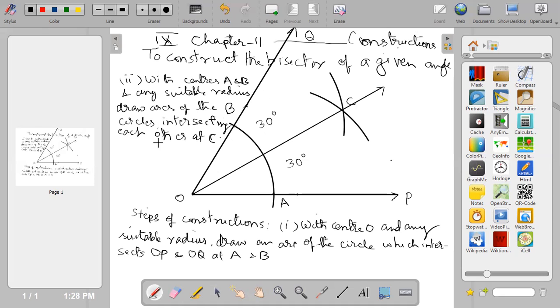Now join OC. The third point is: join OC, which is the required bisector of the angle POQ. That's all.